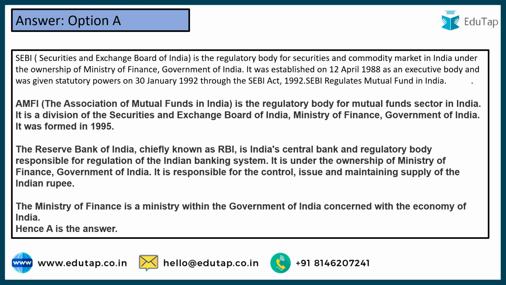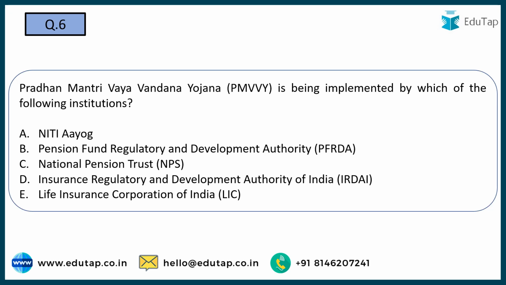Okay, now let's move to question number 6. Question number 6 is related to one of the very famous schemes, Pradhan Mantri Vaya Vandana Yojana. You have to tell me which particular institution is implementing Pradhan Mantri Vaya Vandana Yojana. This is a very important scheme which provides pension to the old citizens of India.